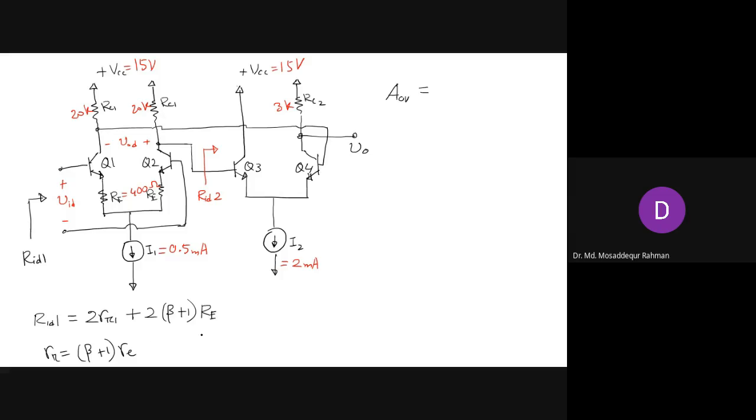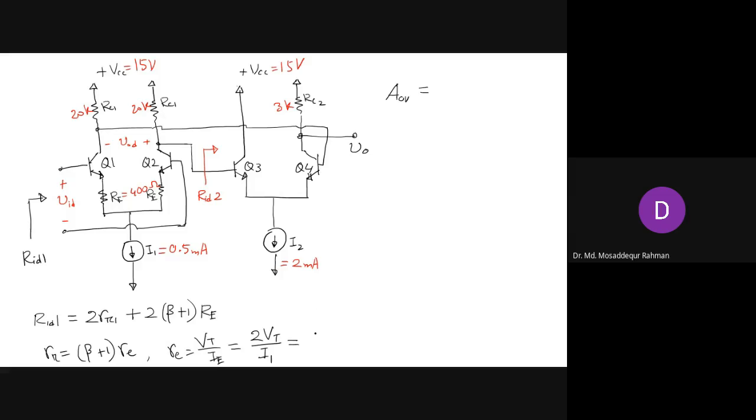Now what is re? re is Vt by IE, and that we can write as 2 Vt by I1. In this case, I1 is 0.5 milliampere.